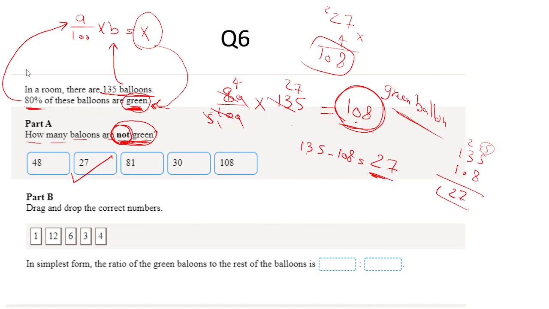Part B. Here it says drag and drop the correct numbers in the simplest form. The ratio, remember this ratio from the last lesson, of the green balloons to the rest of the balloons, which means those which are not green.